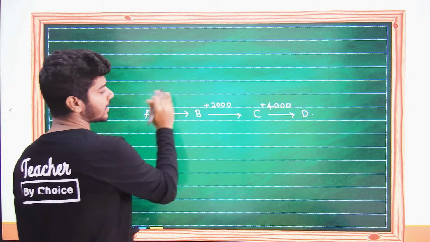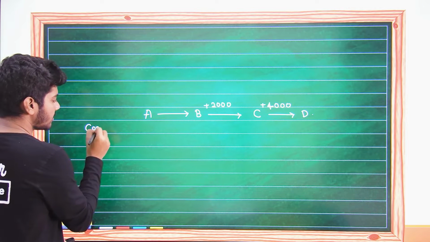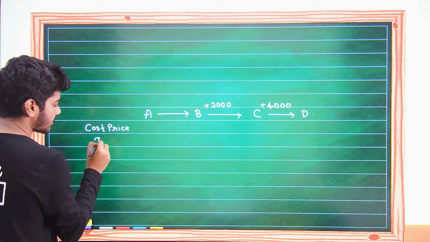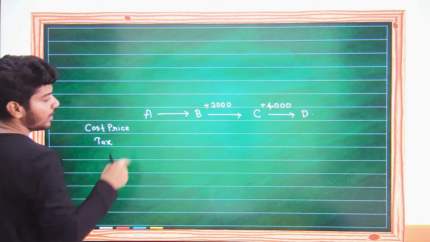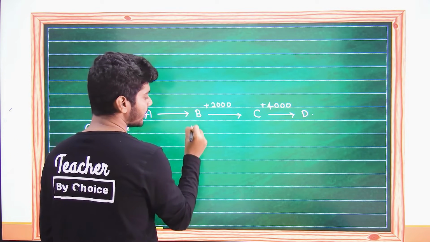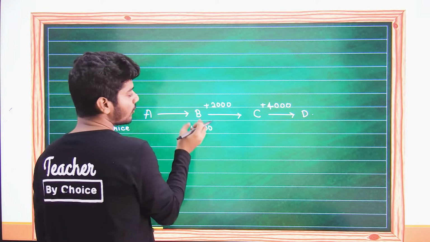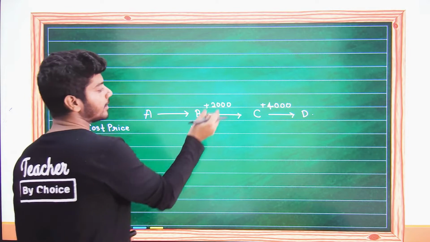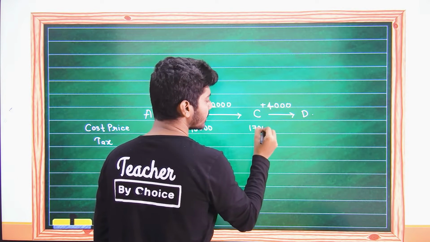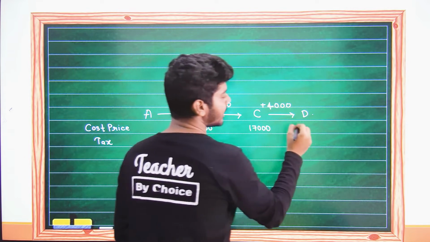Suppose A is selling some services, so we'll make two columns. First is cost price, then tax. So A is selling some services to B at how much rupees? Suppose 15,000. From B to C, 15,000 plus 2,000, which would be 17,000. You will write it over here. Then 17 plus 4, 21,000.